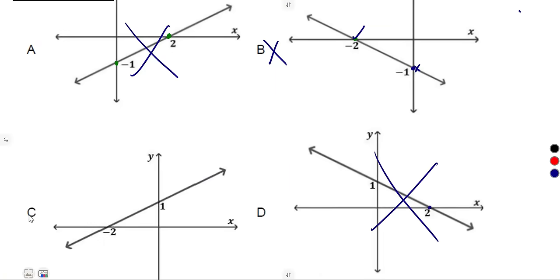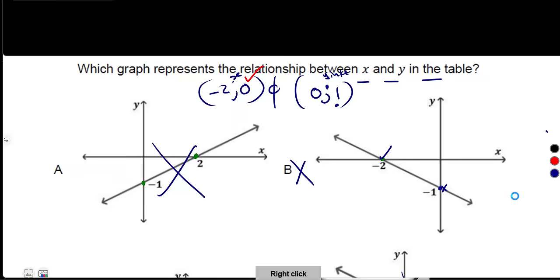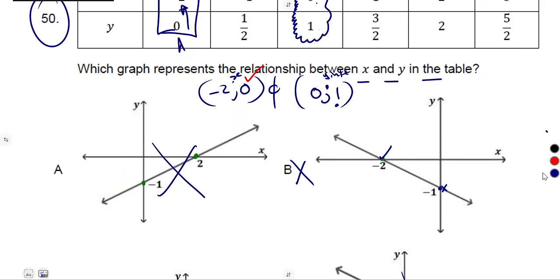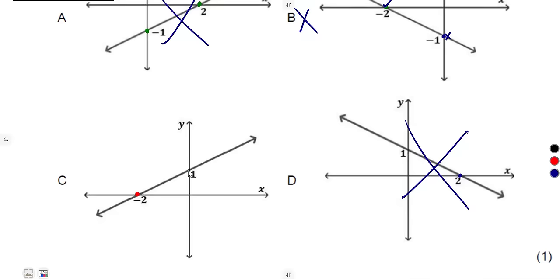Let's look into C. The x value is minus 2. What is it that we need? Minus 2. What is our y value? Our y value is 1. Exactly what we need. This is exactly what we want. All right, let's look into our diagram. If we check here, the y value is 1. X is minus 2, y is 1.